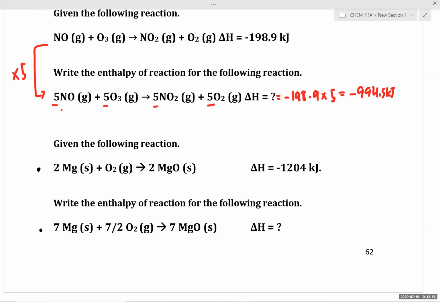Once you have that information, you can calculate the enthalpy of this new reaction. We'll discuss this example in about 3 minutes, and don't be shy to message me with your proposed responses or any questions that you have.